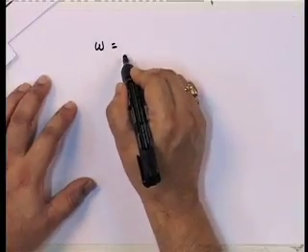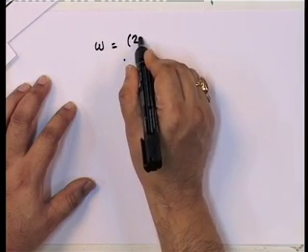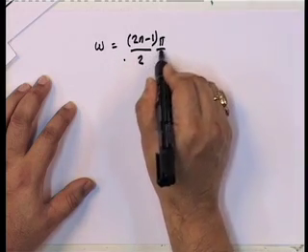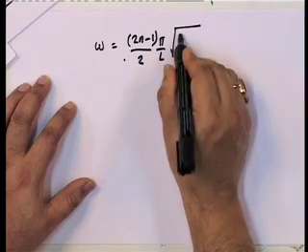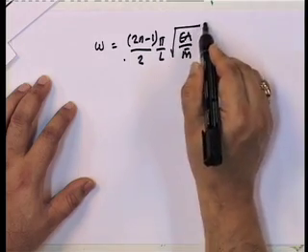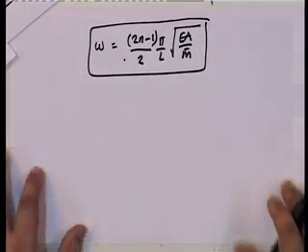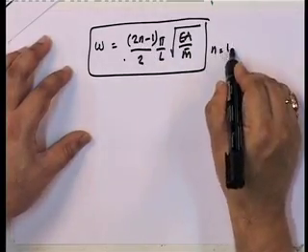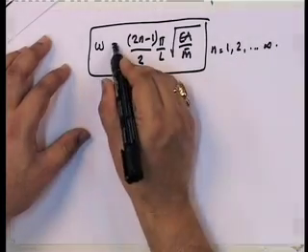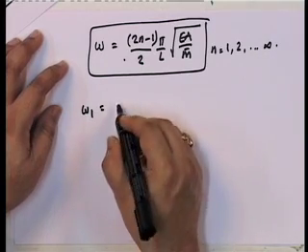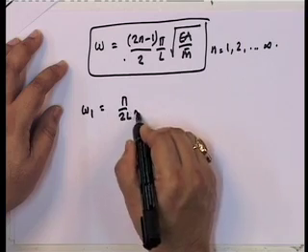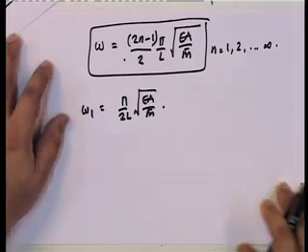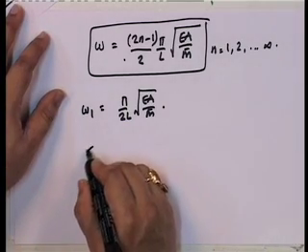So, your omega in this particular case becomes equal to (2n minus 1) pi upon 2L into square root of EA by m bar. That is for axial, that becomes the omega, with n equal to 1 to infinity, and therefore, omega 1 is equal to pi by 2L root EA by m bar.